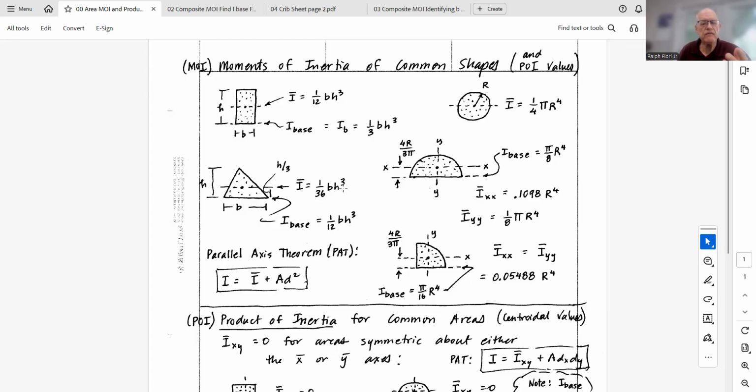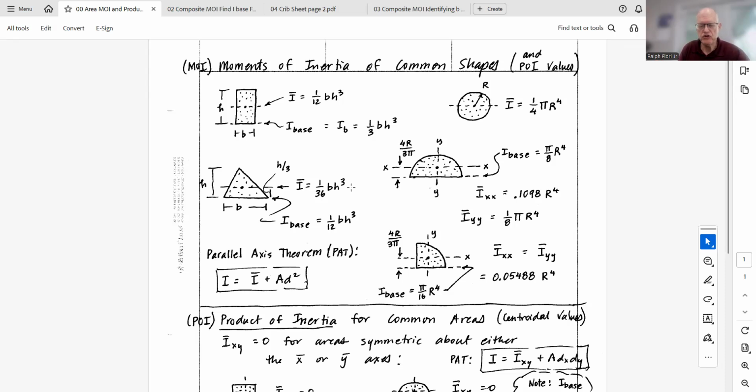Shortly here, we're actually going to start with the I bar and find the I base, or start with the I base and find the I bar, to illustrate the use of the parallel axis theorem applied to these. Once you have the I base and the I bar, it makes problems simpler.